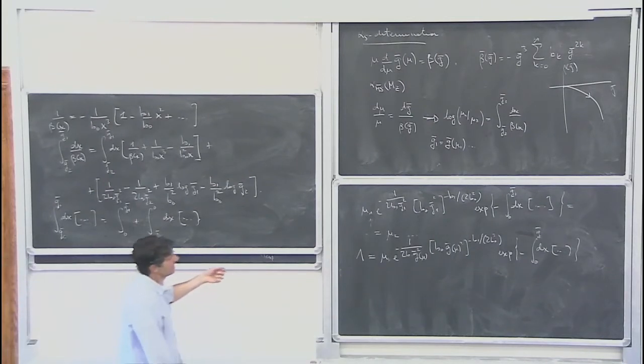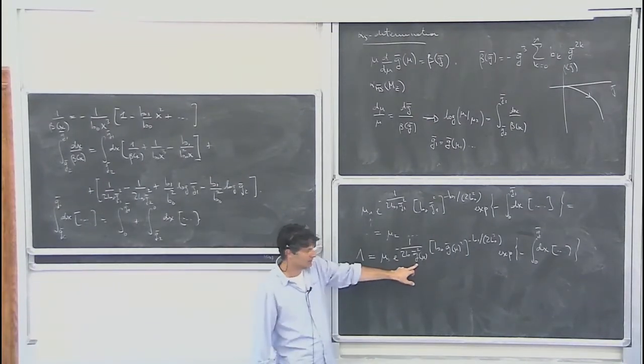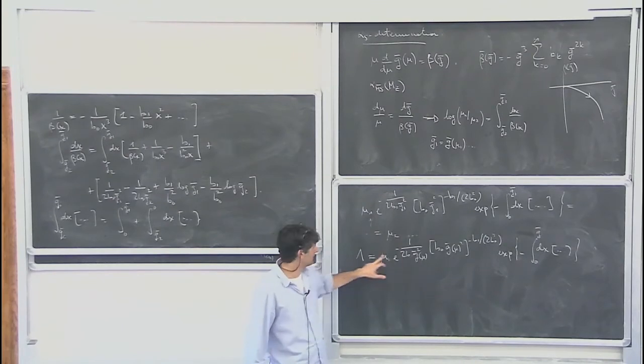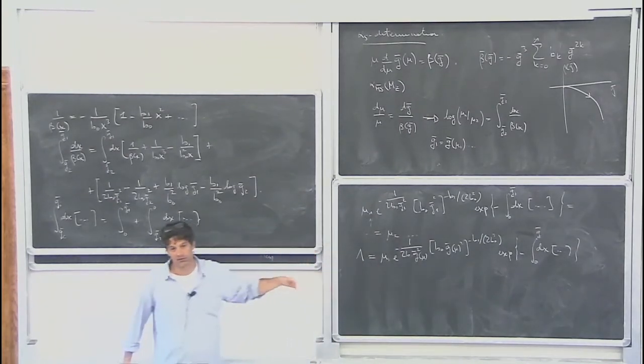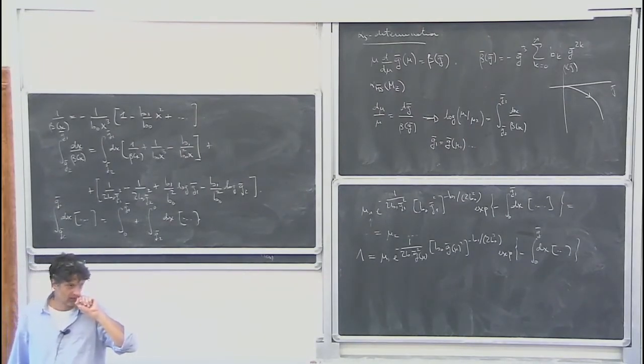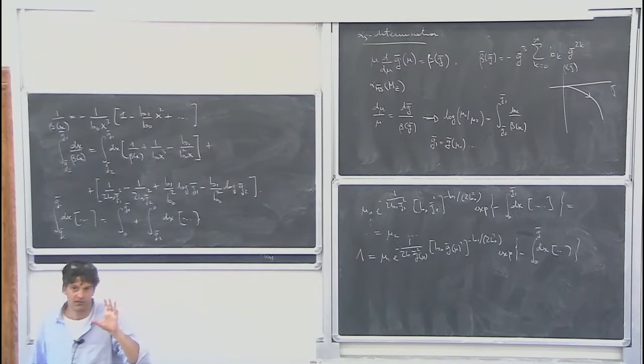One initial condition means that you need to know g bar at one specific value of mu. And that allows you to compute the lambda parameter. So the lambda parameter is your initial condition for determining alpha.